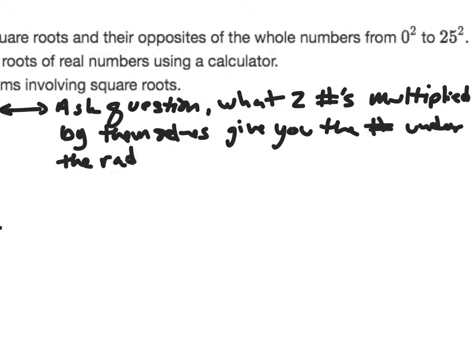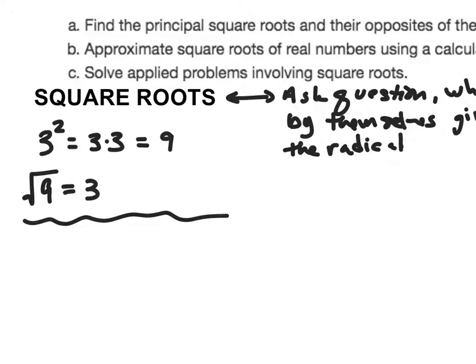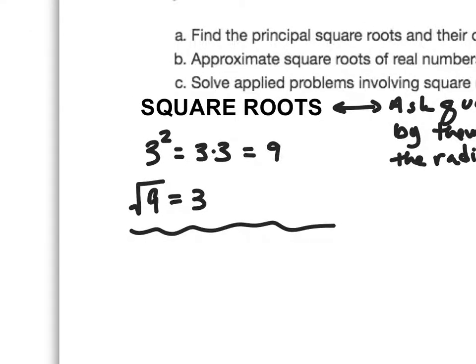This symbol here is also called your radical symbol. So when I ask the question, the square root of 9, I say, what two numbers multiplied by themselves give me 9? And I know that to be 3 times 3.